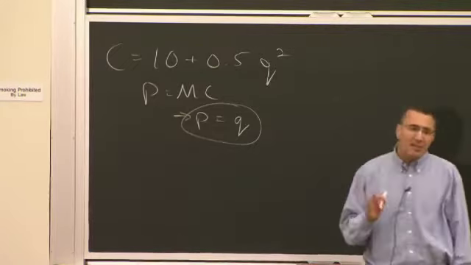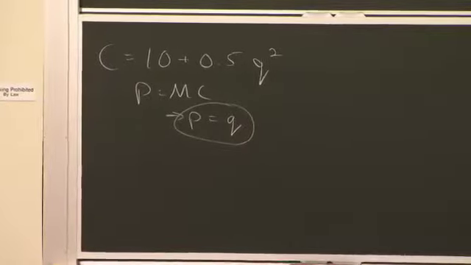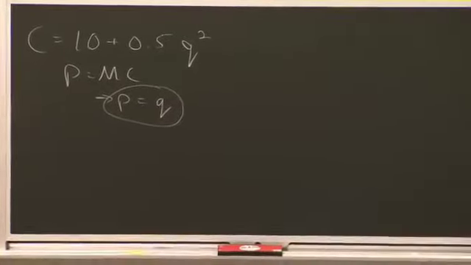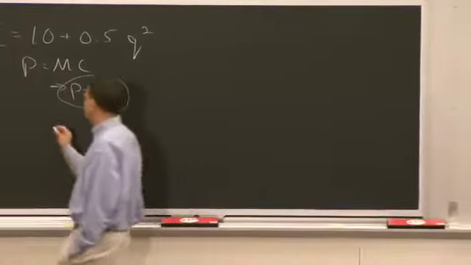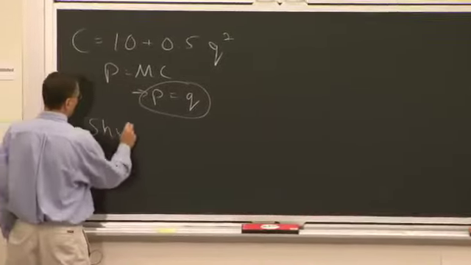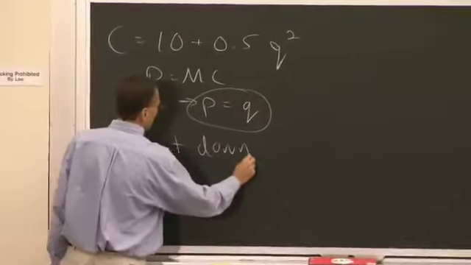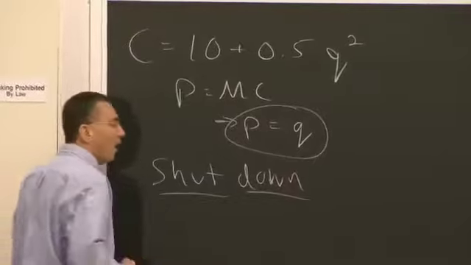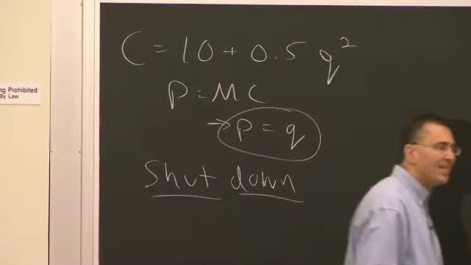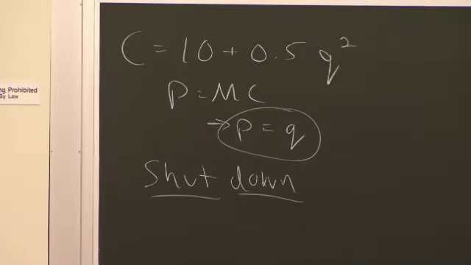Now, before we left last time, I said this was not enough. There's one other thing you have to consider, which is the firm's shutdown decision. In the short run, a firm might not shut down even if it's losing money, because the firm has already paid its fixed costs. It's already paid 10.